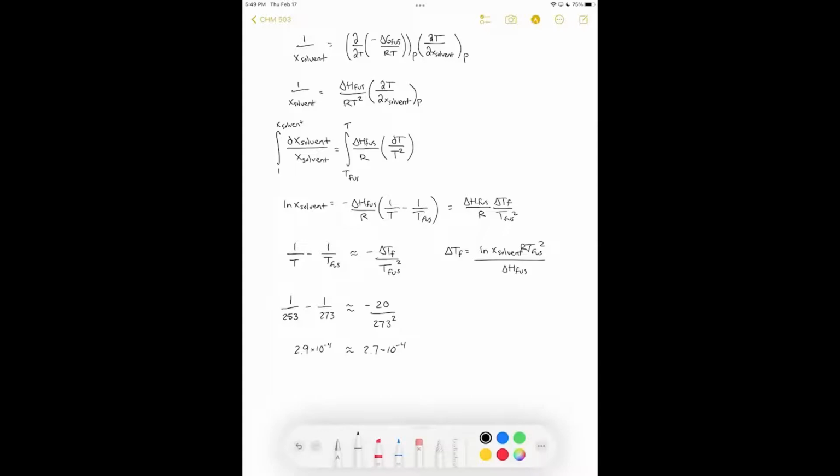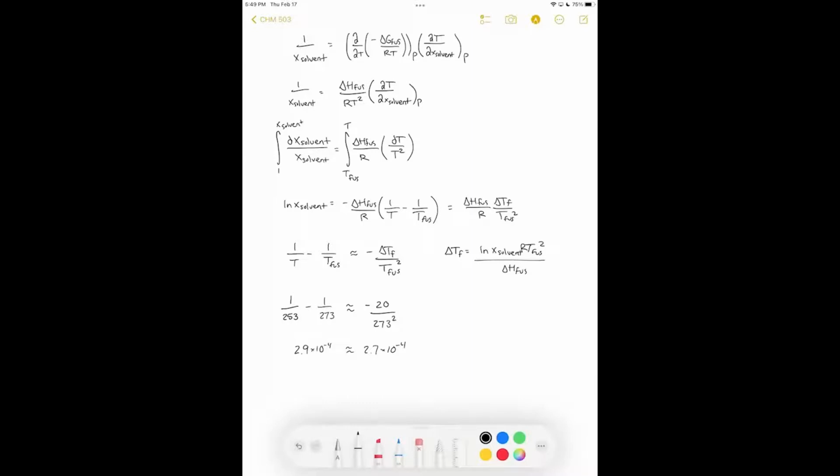Now, what you probably noticed is that the mole fraction of solvent is kind of a weird way to describe the concentration of the solute. And so it's more intuitive, again, to describe this rather than having a mole fraction of solvent be a concentration of the solute. And we're going to actually use a pretty weird concentration that you probably haven't heard before, called the molality.